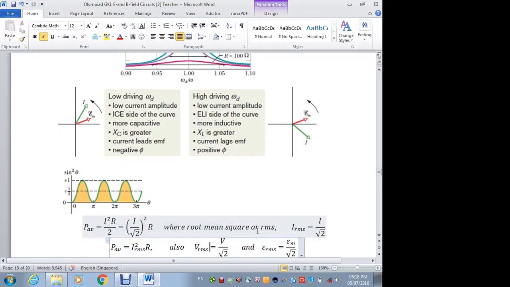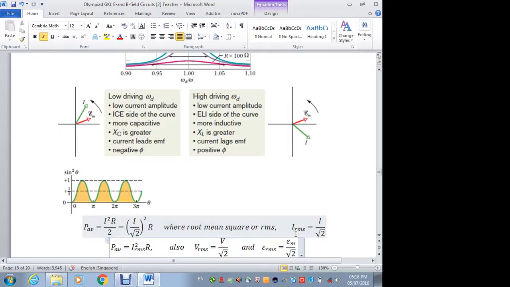If you take an average, you always try to integrate. So, I naught sine squared omega t dt divided by T, taking the average, with the integral limits 0 to T. Finally, the R means taking the square root of the whole function.